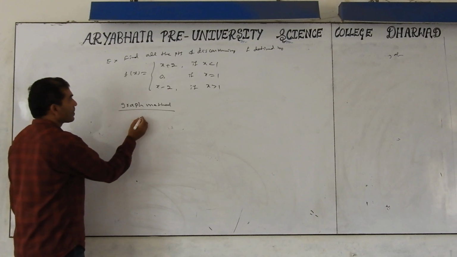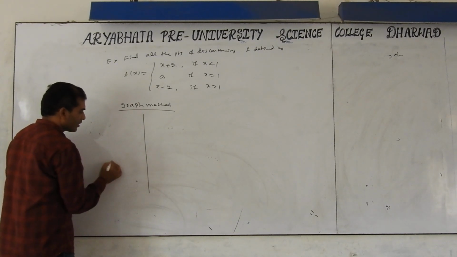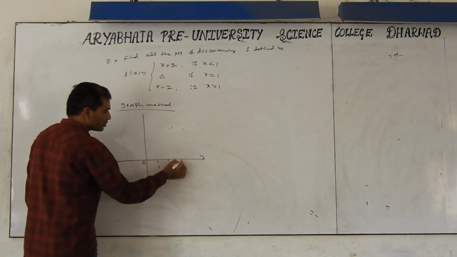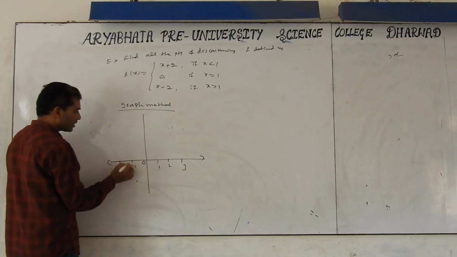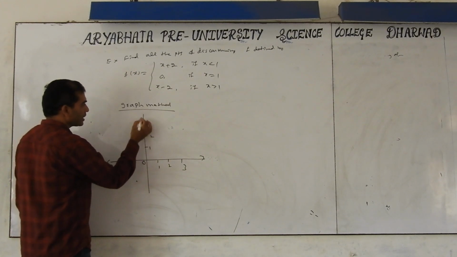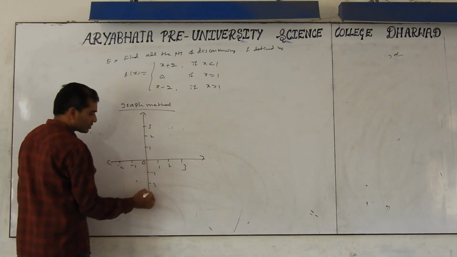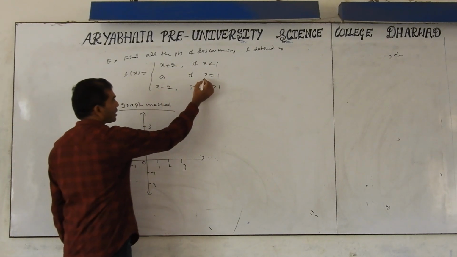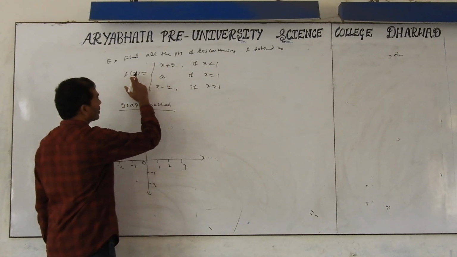Okay, see, let's draw the graph with axes marked 0, 1, 2, 3, minus 1, minus 2. Right. See, x equal to 1. What is the function?